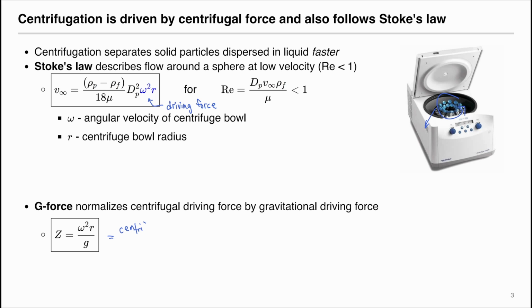It is the centrifugal divided by the gravitational. Usually the units are xg, which is how many times the gravitational acceleration. Some commercial benchtop centrifuges can achieve up to tens of thousands of xg.